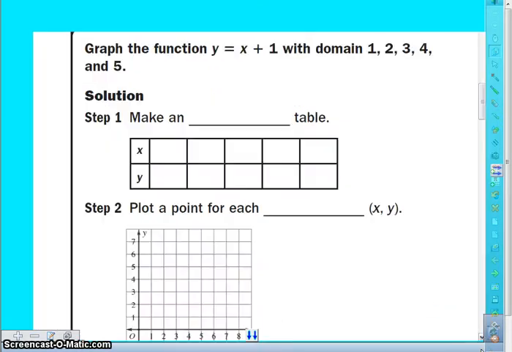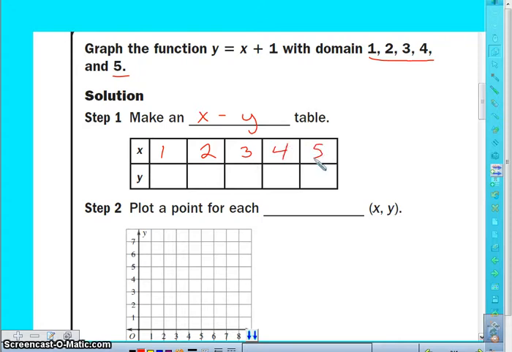Graph the function y equals x plus 1 with domain 1, 2, 3, 4, and 5. The first thing we do is make an xy table, and because we have the specific domain 1, 2, 3, 4, and 5, that's what we put in for our x.